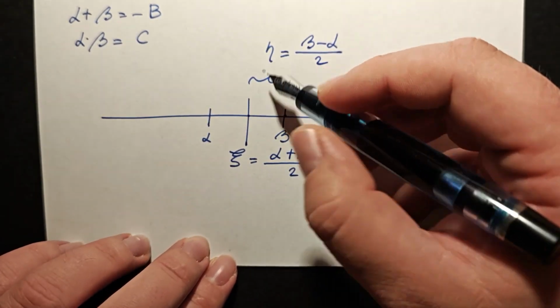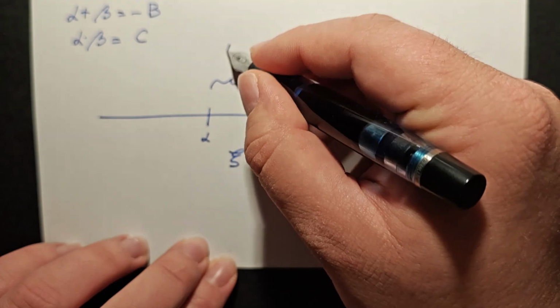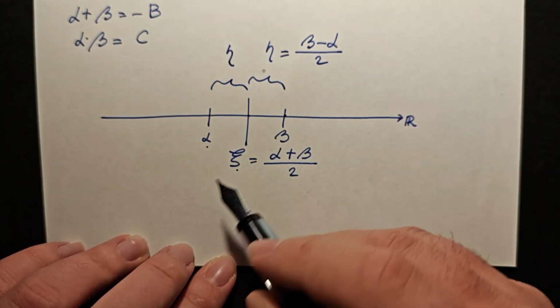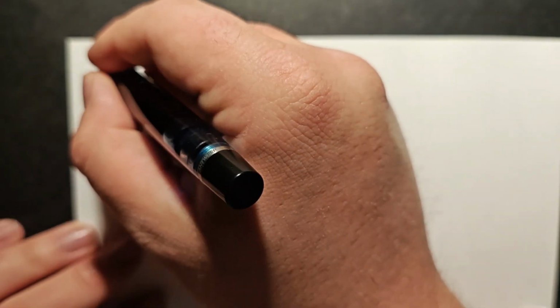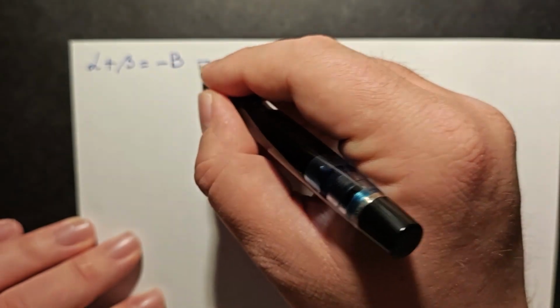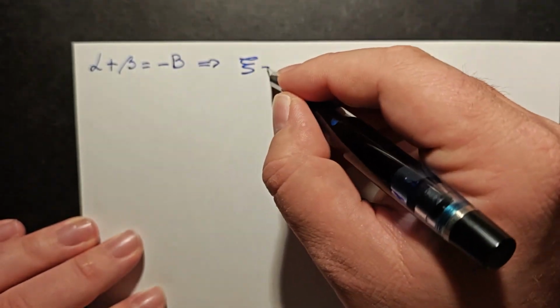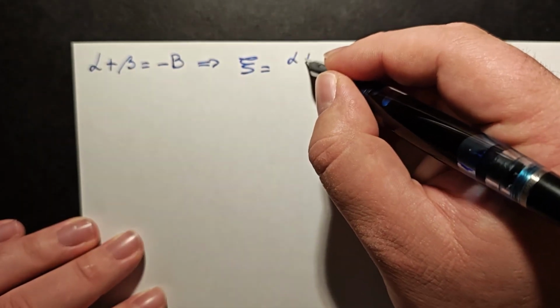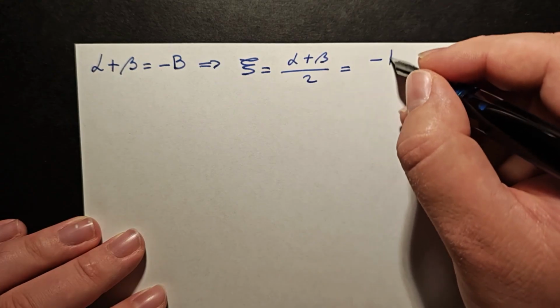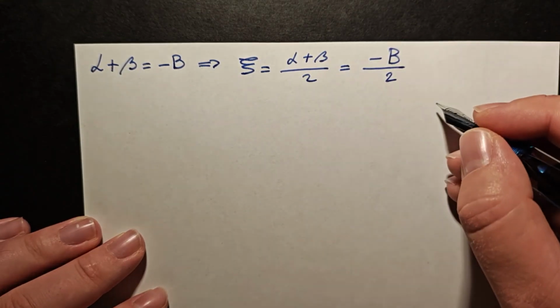That same distance eta appears here as the distance from the dot alpha to the center dot c. As you can see here, we have the first equation that alpha plus beta is negative b, and that means that c, which is the center dot, (alpha plus beta) over 2, is equal to negative b over 2.